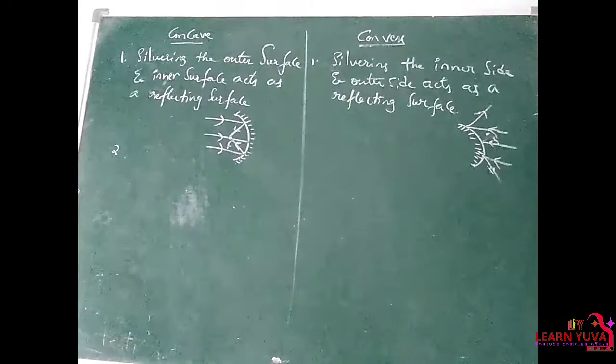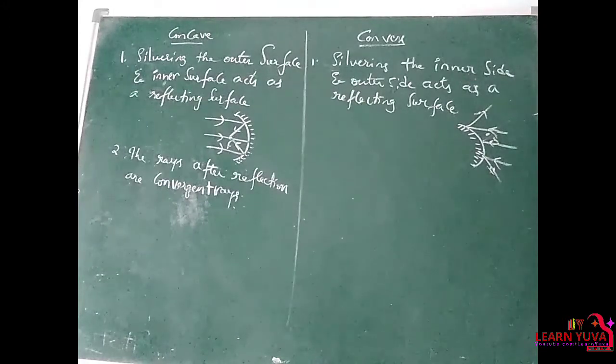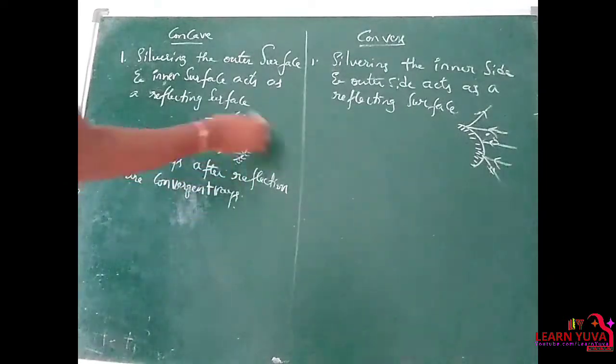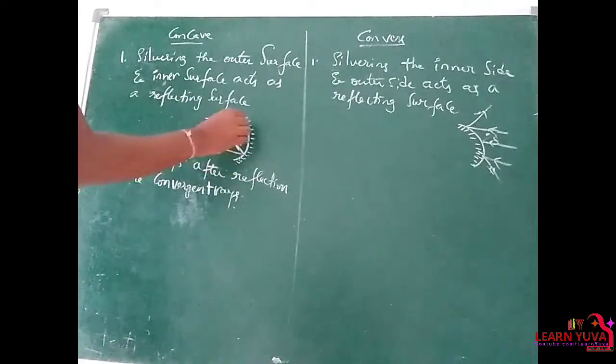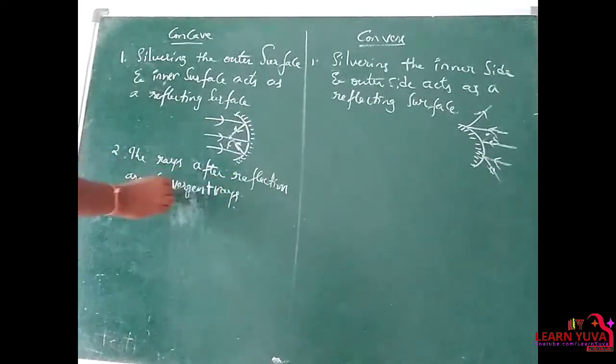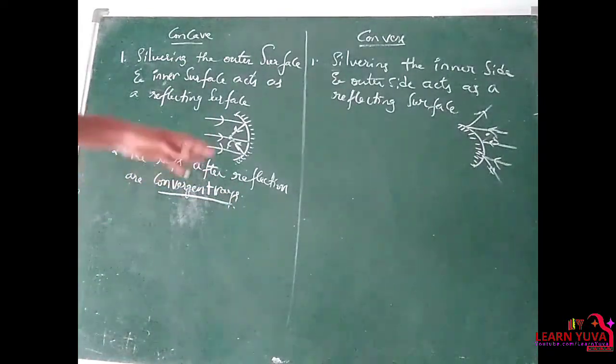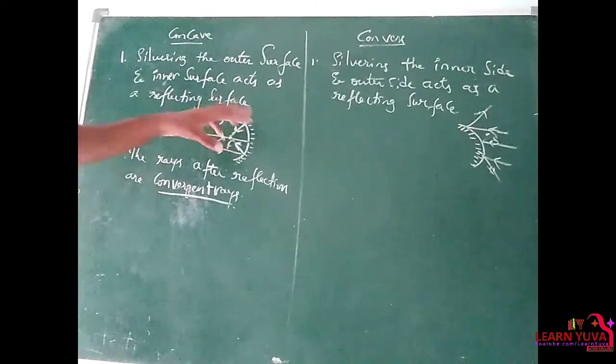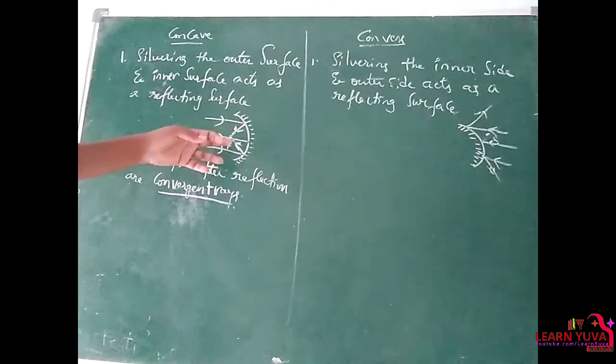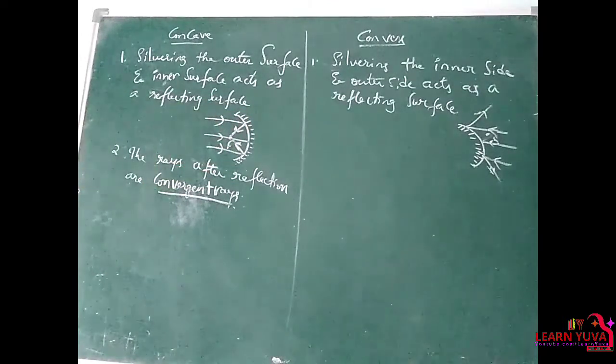Next, second point. Here, after reflection, whenever light rays fall on the mirror, all the light rays meet at a point. So those rays are convergent rays. After reflection, the reflected rays meet at a point, so that we can get the brightest spot.